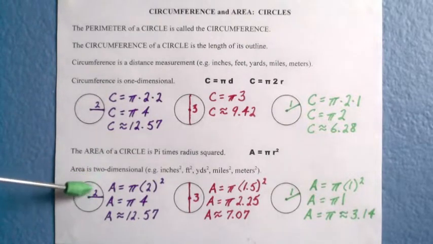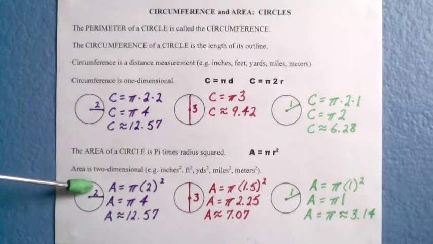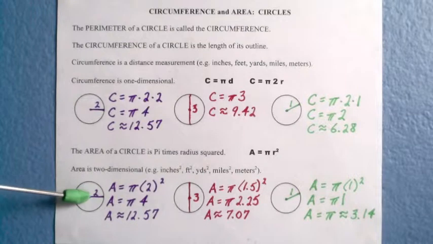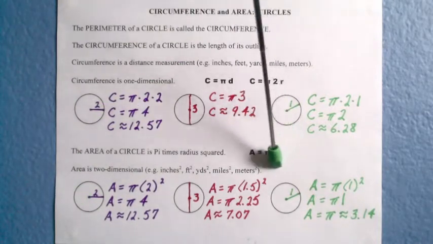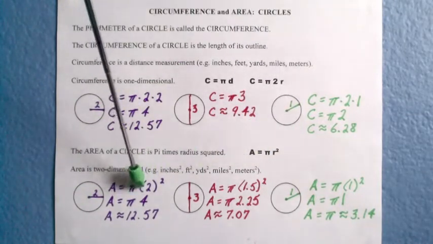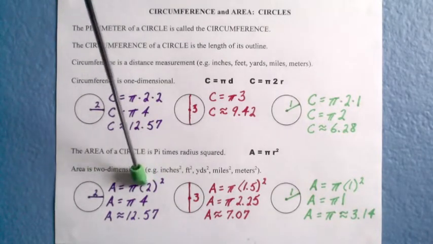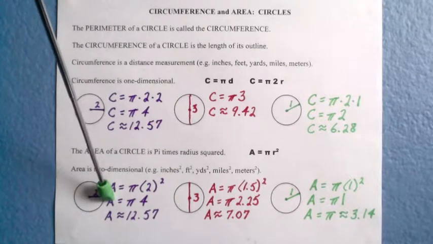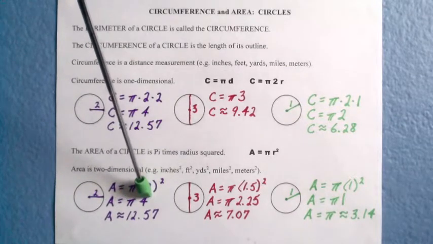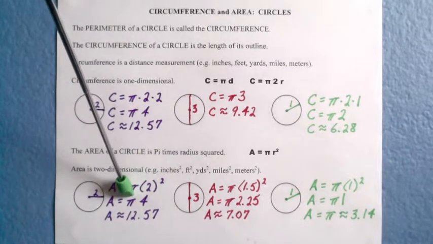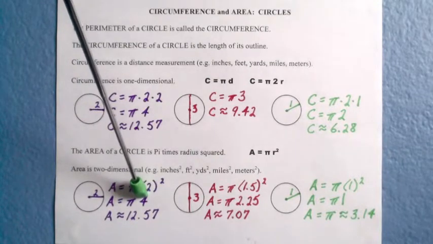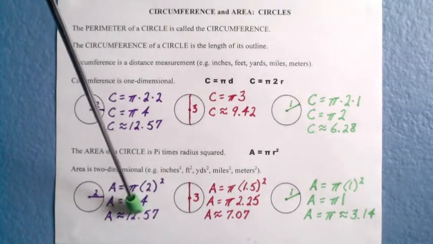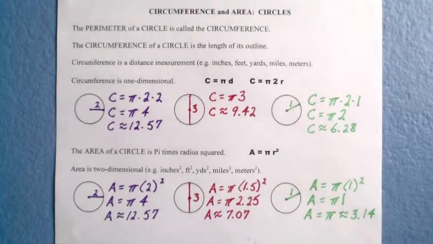Now the area of that same circle, the space inside, uses this equation. Pi times radius, the radius is 2, squared. 2 squared is 4. So the area is pi times 4. 3.14 times 4 is approximately 12.57.